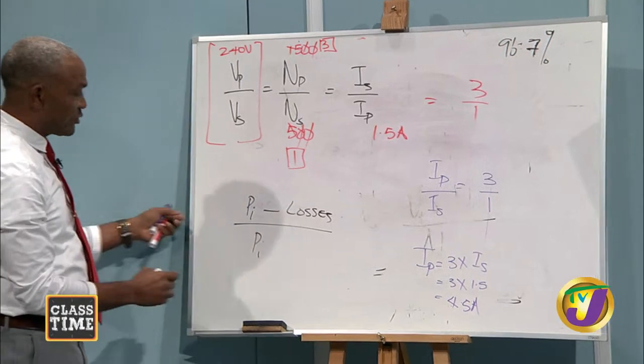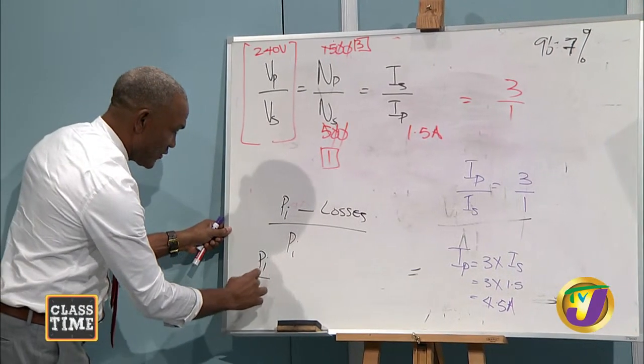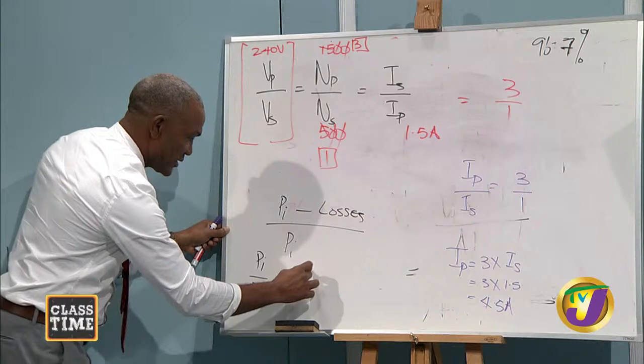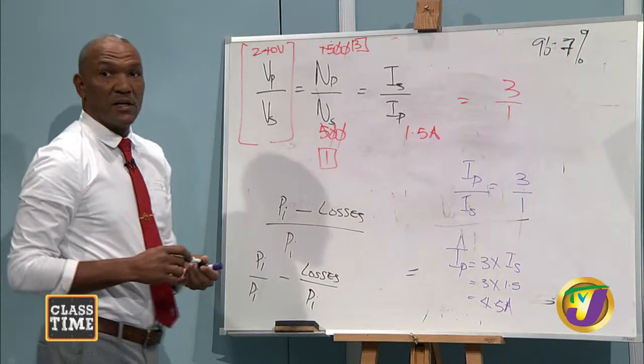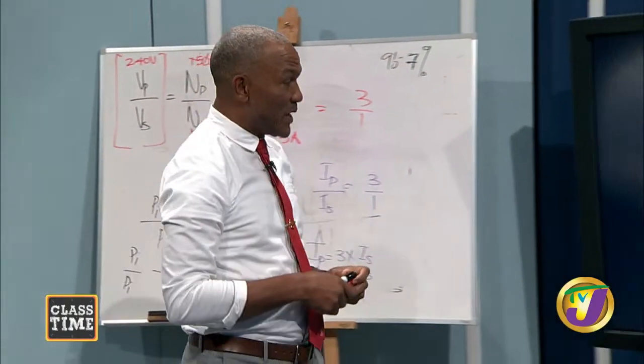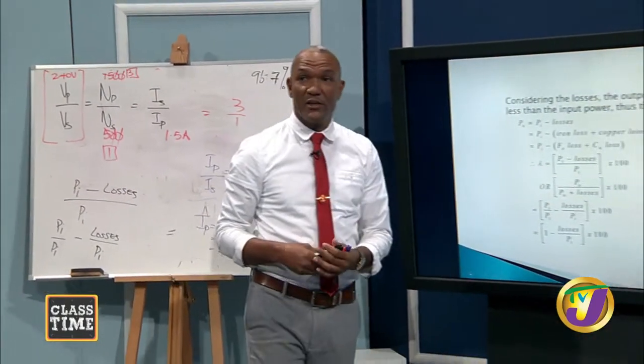You could split this in two to say power in over power in minus losses over power in.